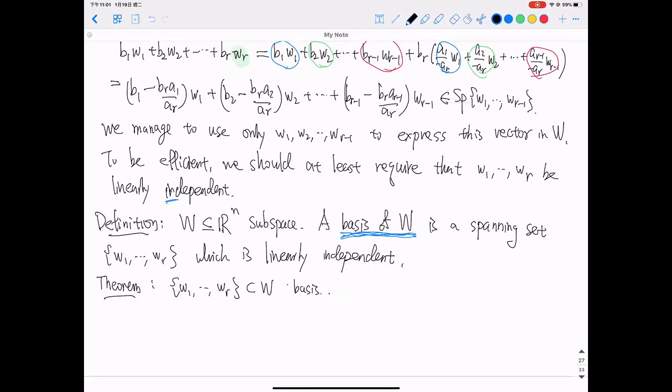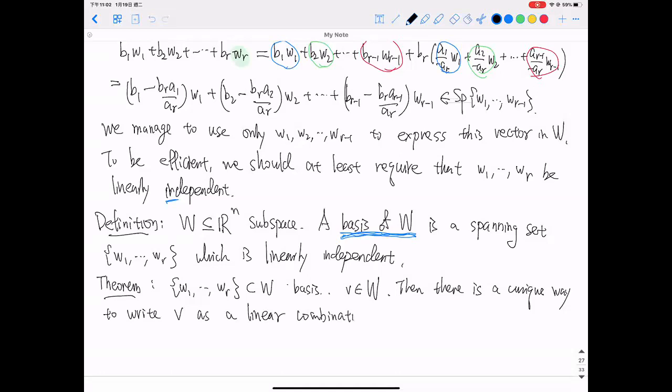And let's call it V, say let V be a vector in W. Then the statement of the theorem says that there is a unique way to write V as a linear combination of the W's.